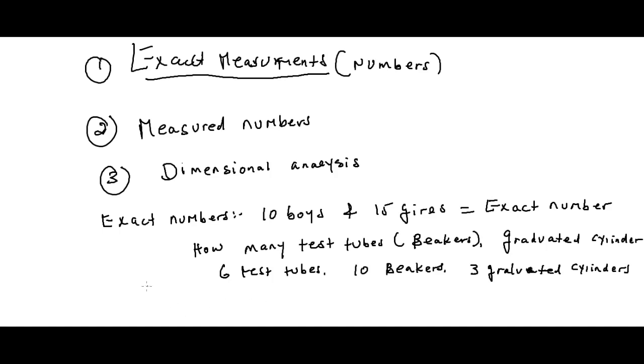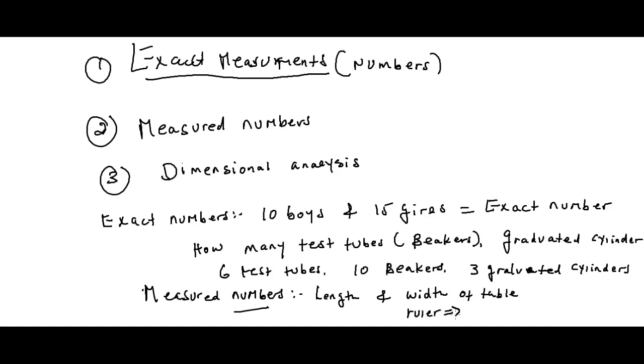Measured numbers. What are measured numbers? Measured numbers are numbers for which you use different tools or instruments. If you like to measure the length and the width of a table, you basically need to have a ruler.